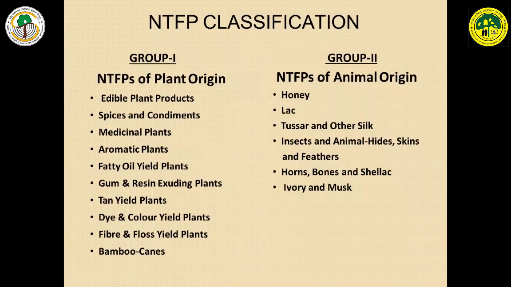Most NTFPs are of plant origin, like edible plant products, medicinal plants, mushrooms, spices, aromatic plants, oil yielding plants, gums, tannins, dyes, fiber and floss. Bamboos and canes also contribute significantly as NTFPs.